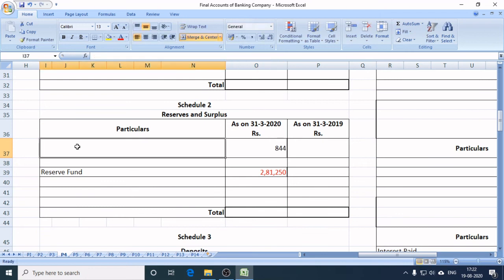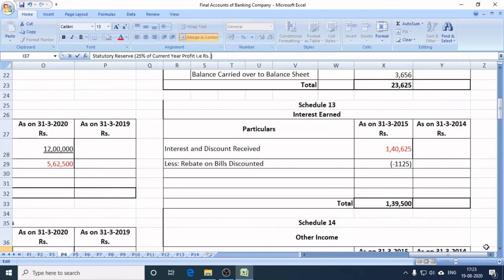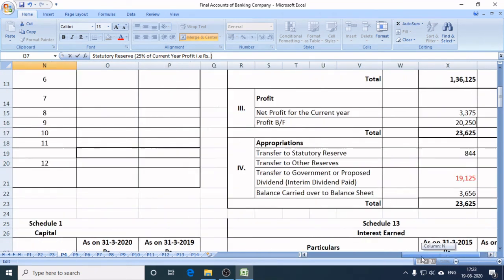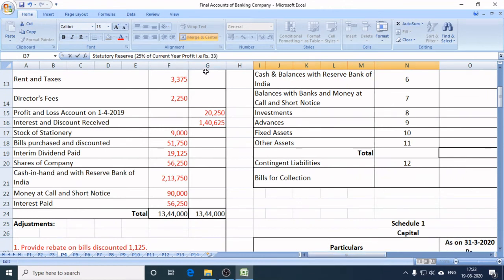Now statutory reserve is 25% of current year profit, that is rupees, the current year profit is 3,375.